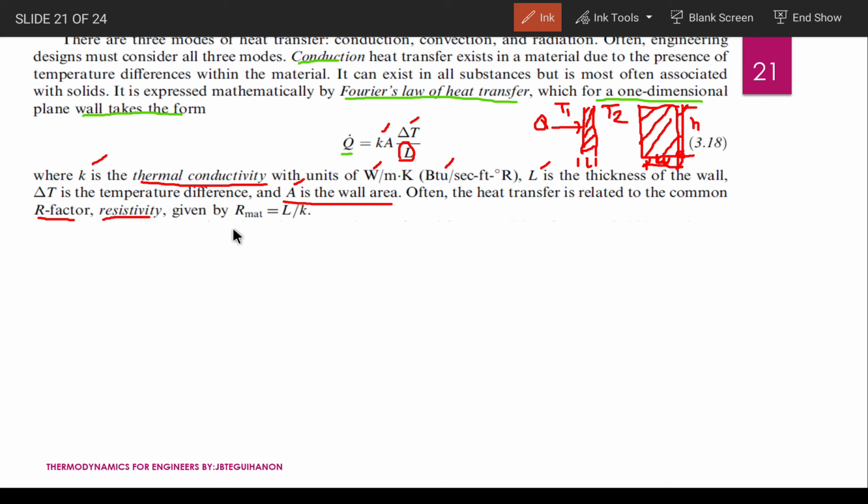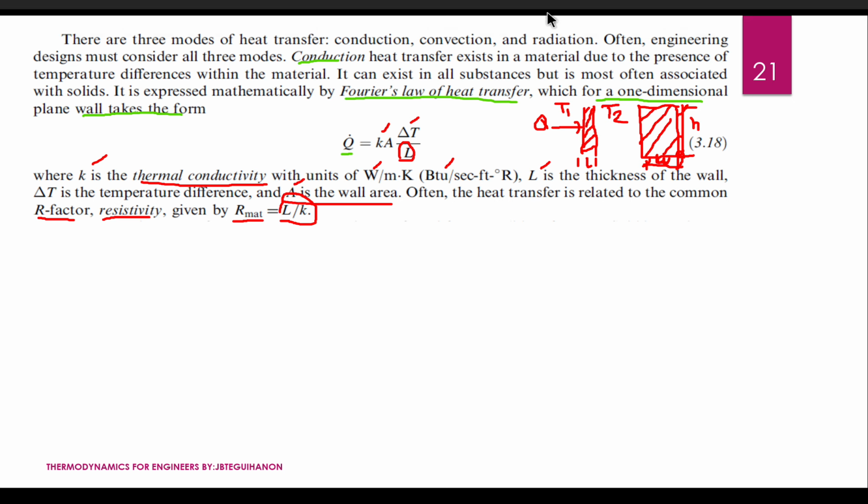Given by ito, para masimplify lang. So, may R ka, R factor or resistivity. Okay, let's move on.